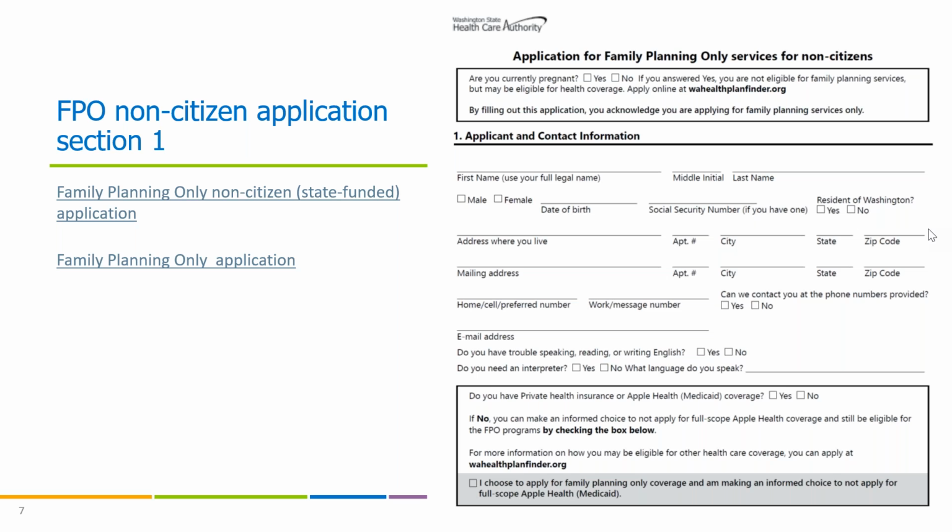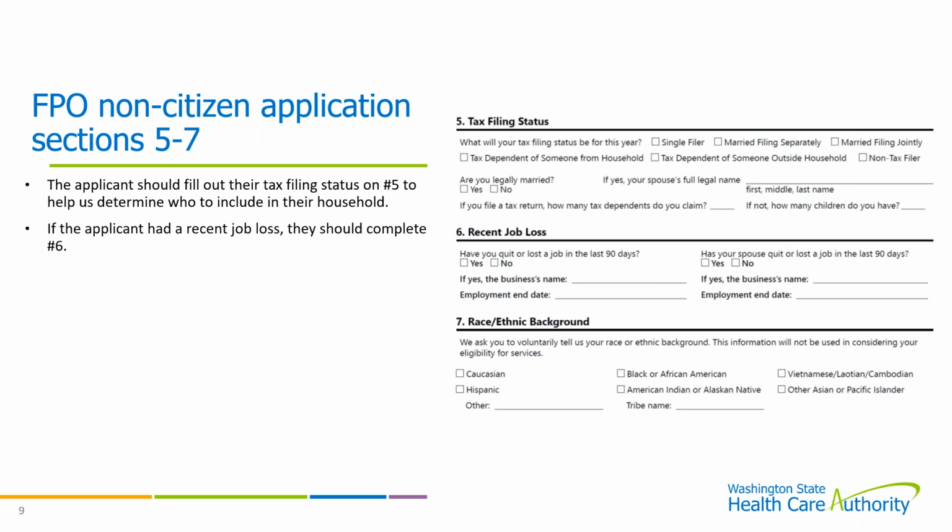Is it possible to add a confidential checkbox and mailing address, not an address where you live, to protect clients seeking confidential applications? Yes, I was slow to answering that because I know that we do have that option, and Melissa Rivera, correct me if I'm wrong, on our other application, the general family planning only application.